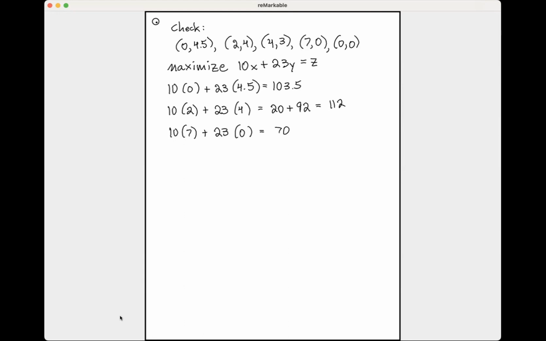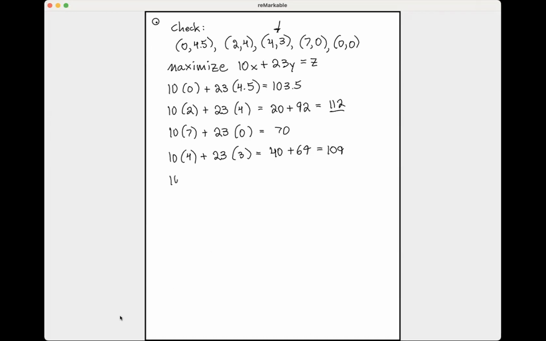That's going to be 70, so that's definitely not the winner. And, oh, I forgot 4, 3. Let's check that one as well. All right, so 10 times 4 plus 23 times 3. That is 40 plus, well, let me do this on the calculator. I don't trust myself. 40 plus 69, that is 109. So still not beating our 112 here.